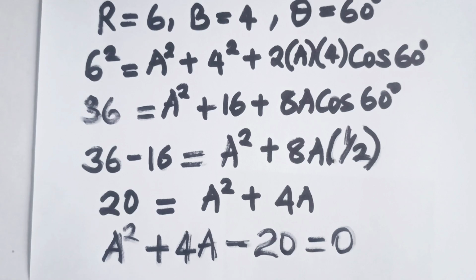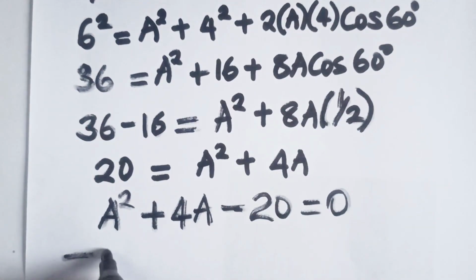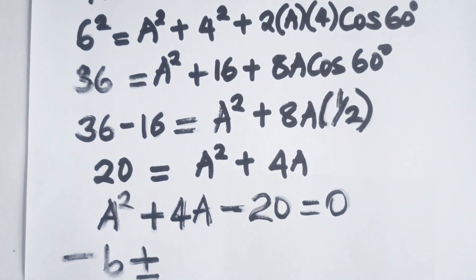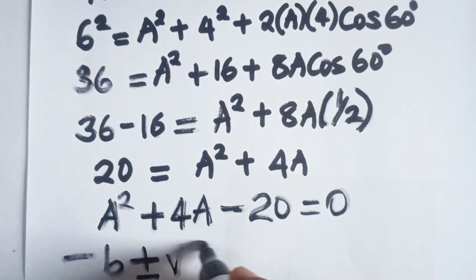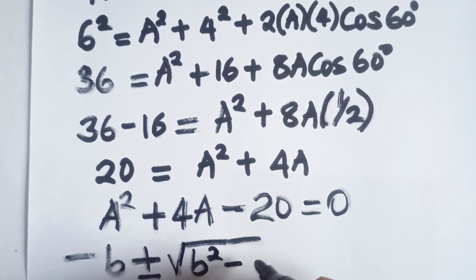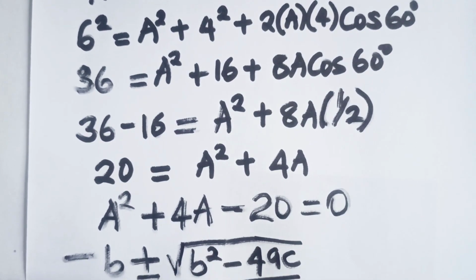In case you don't recall the quadratic formula, it is minus b plus or minus square root of b squared minus 4ac, all divided by 2a.